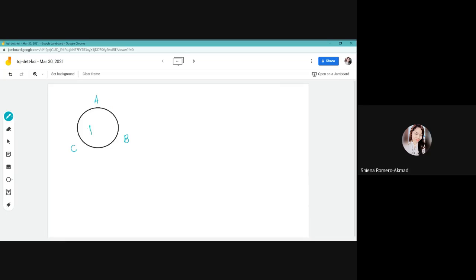Table yan ha, round table. We can easily identify asan yung papunta sa kanan. Is this clockwise? Or is this counterclockwise? Diba? We can easily identify.